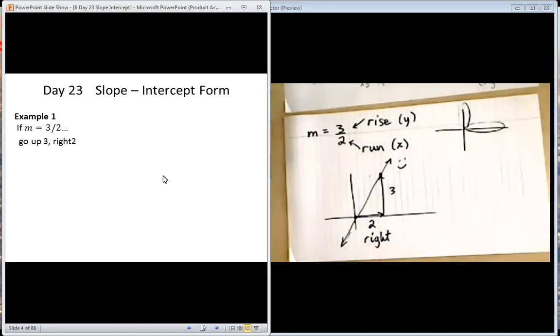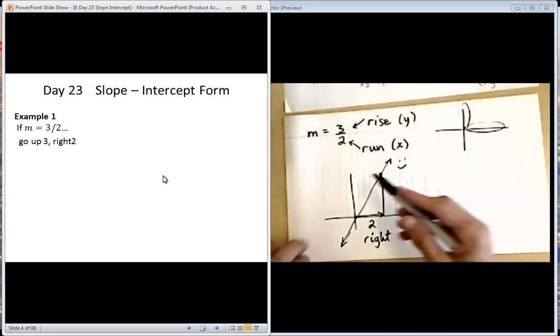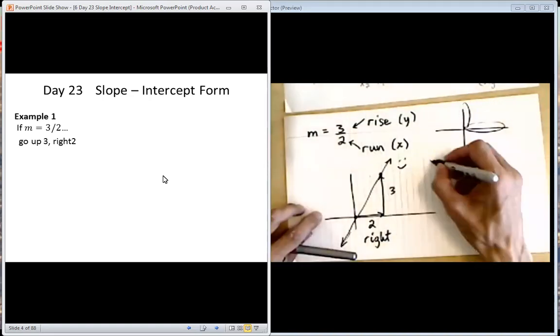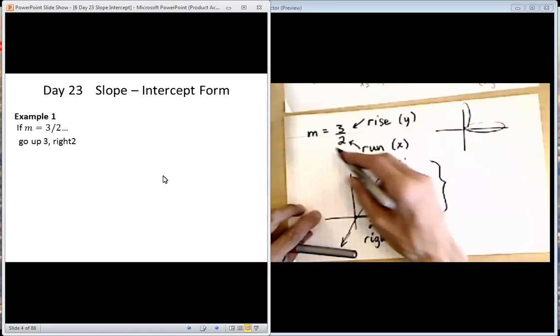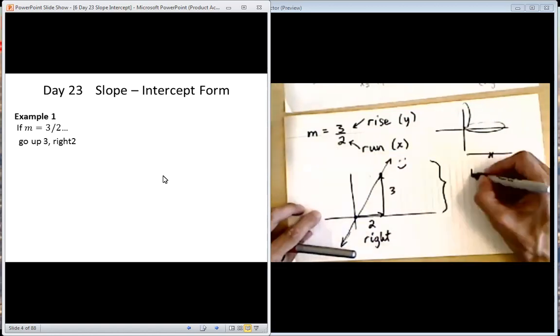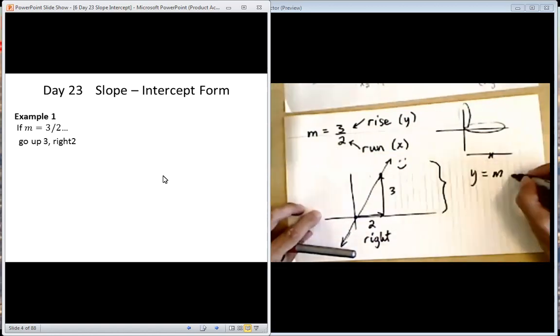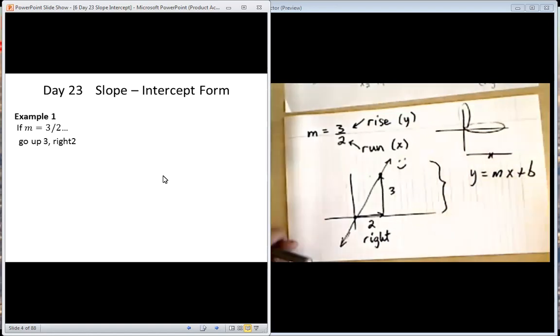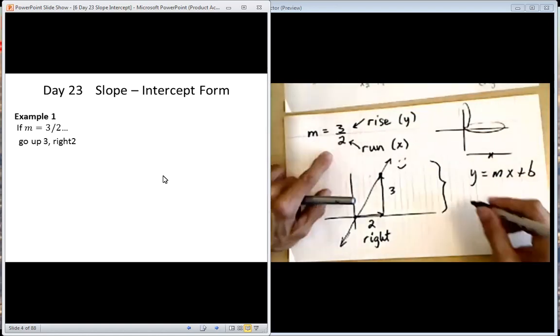And so if you wanted the equation for this thing, since we have the slope only, we have y is equal to mx plus b. This is what we're going for. We're given the slope is 3 over 2. So that's going to replace m.